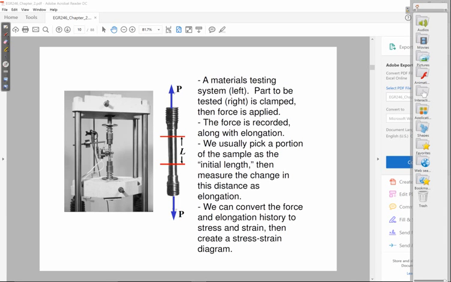In that experiment, we were given a bunch of different pieces of metal. This is another very typical type of materials test. Those pieces of metal were machined into what's called a dog bone shape.